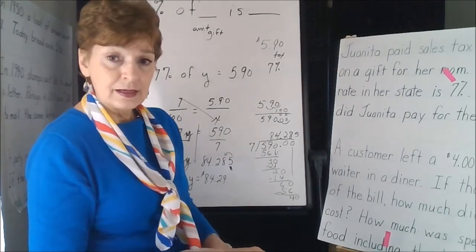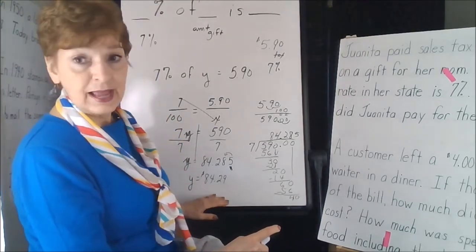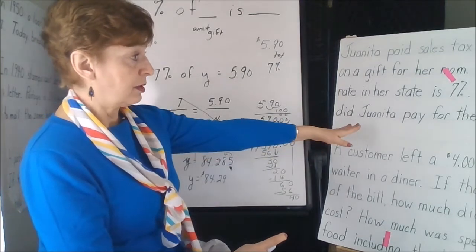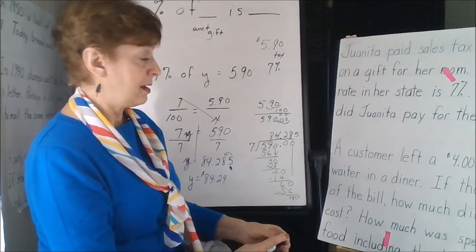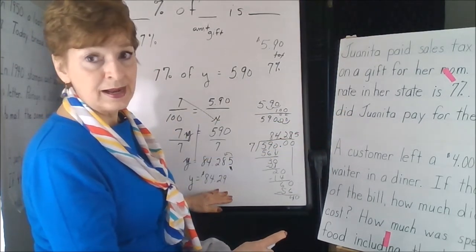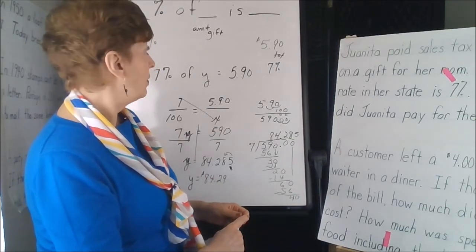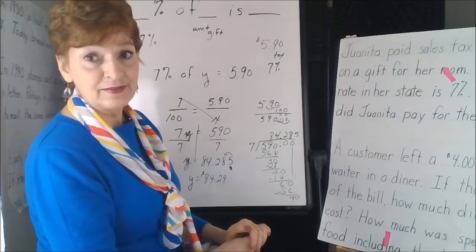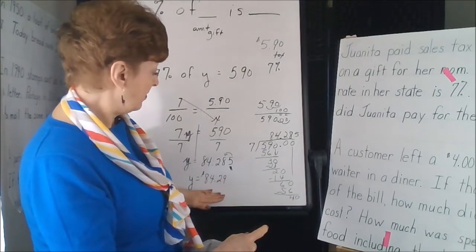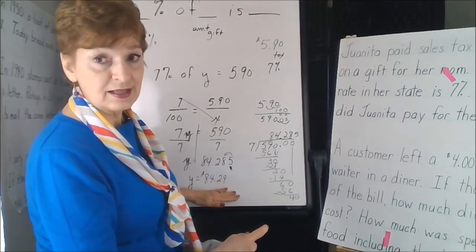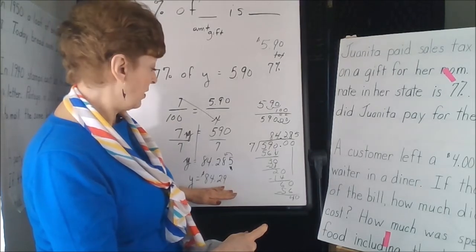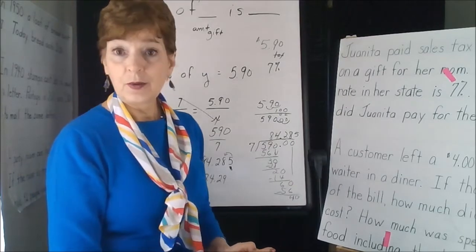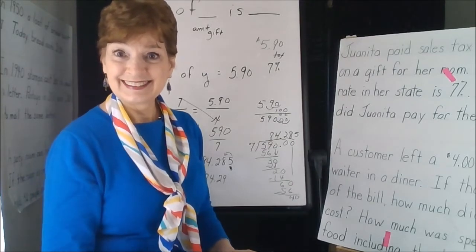Speaking of cents, the problem's answer has to answer the question, is it reasonable that Juanita would be paying $84.29 for a gift when we've got our sales tax of $5.90? So the price of the actual thing that she selected for Mom was $84.29. Obviously, Juanita has a good paying job.